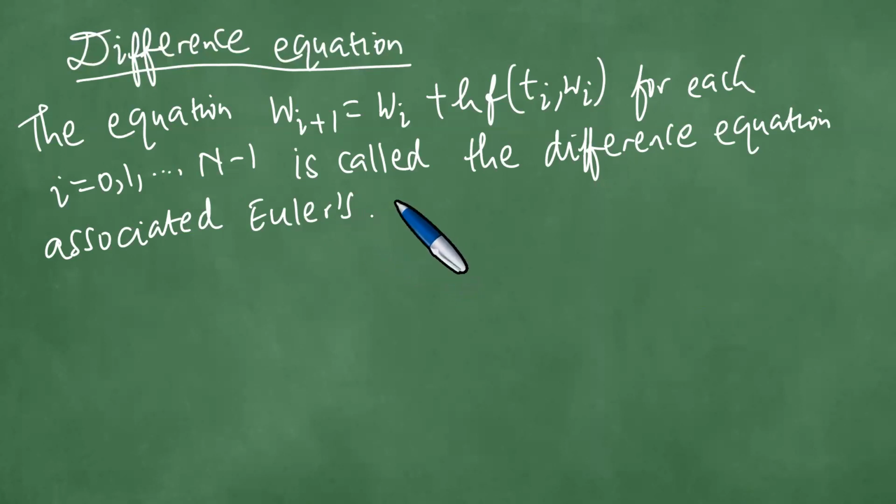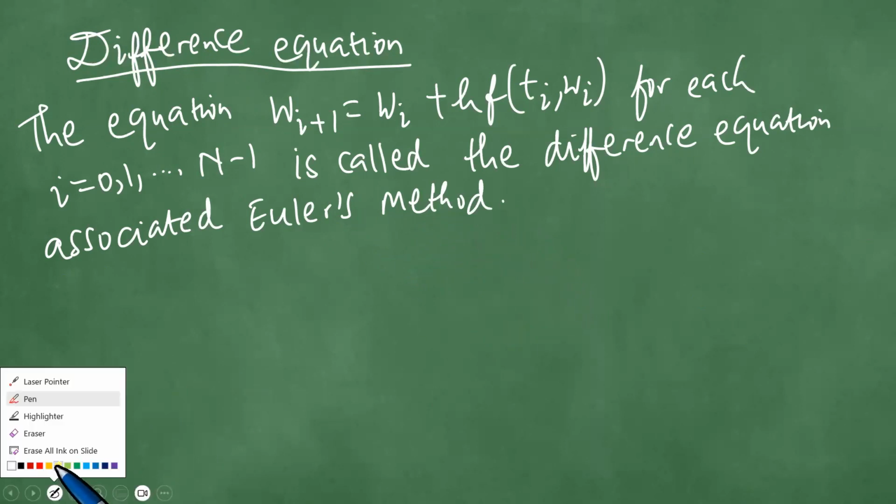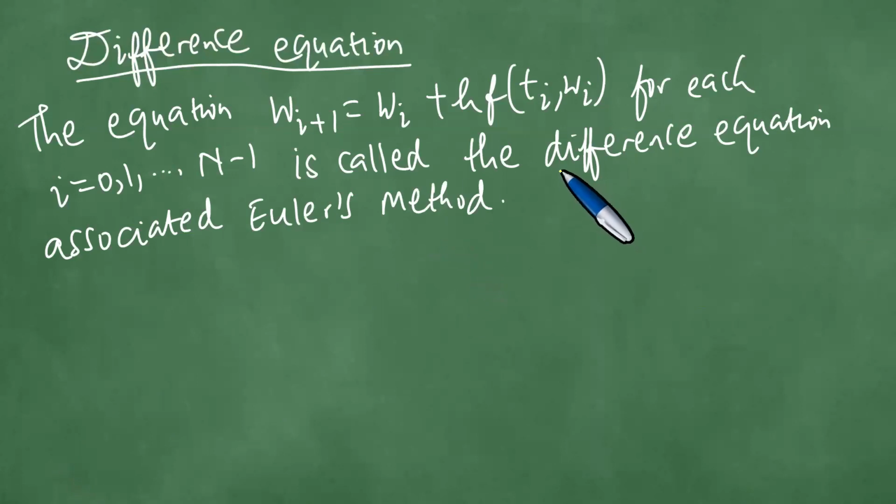So if we remember Euler's method, then we just need to remember the difference equation and take into account the initial value. So that is the difference equation there.